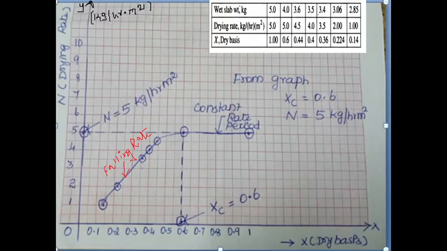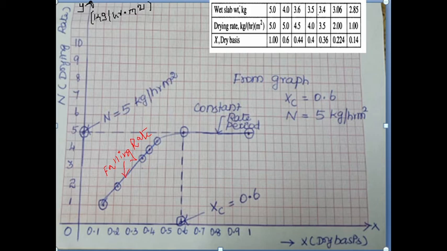First question, plot the rate curve and also determine the critical moisture content, that is capital Xc. So the first one, graph plot between capital X and capital N. Capital X is nothing but dry basis moisture content. Capital N is nothing but drying rate, kg per hour meter square. You should take capital X as x axis, capital N as y axis.